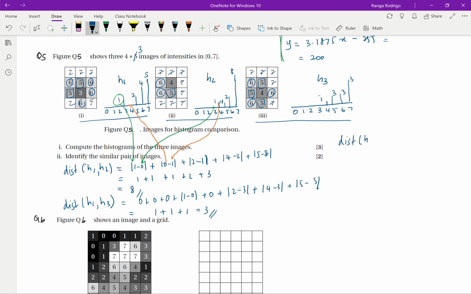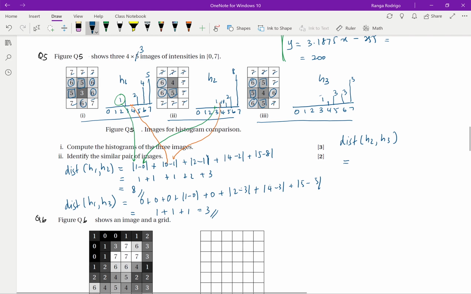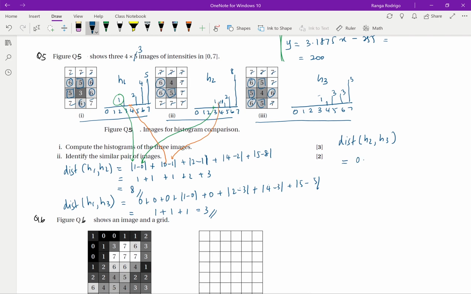Then finally you need to get the distance between H2 and H3. Can we quickly write it? At 4, 1, here nothing at 4, so that's 0. At 5, this one has 2, this one has 3, so 1.